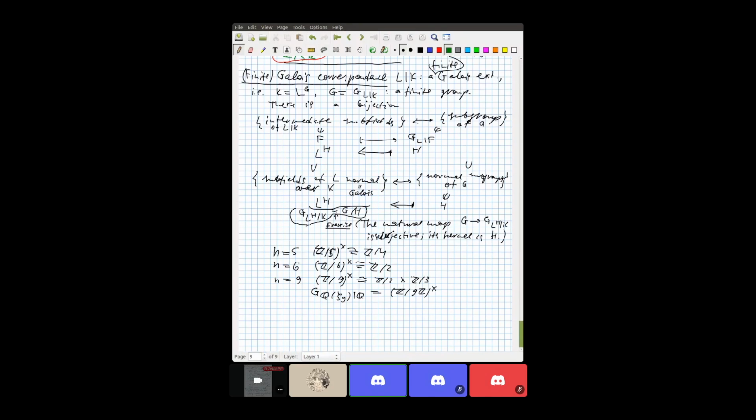No, you see that if you raise zeta 9 to some power a, you get another primitive root of unity, and it generates the same field, if a is invertible mod 9. So it doesn't make sense.